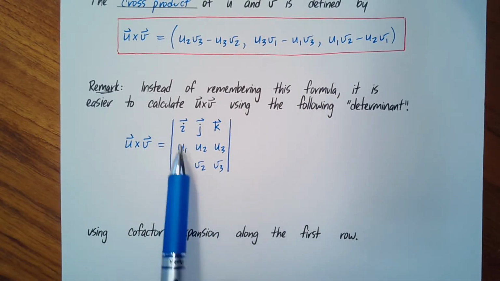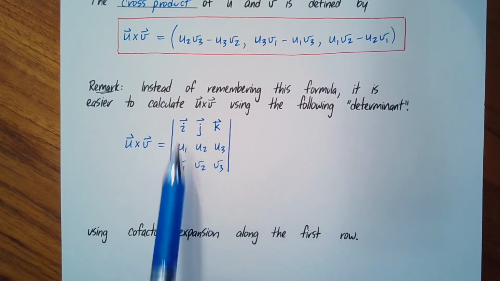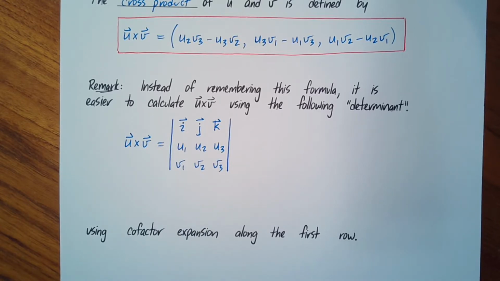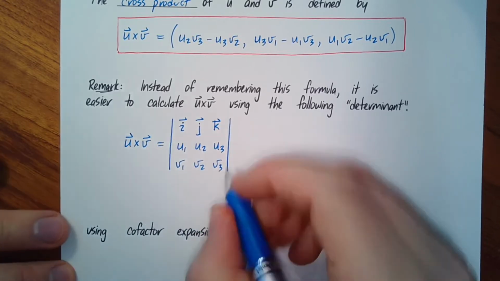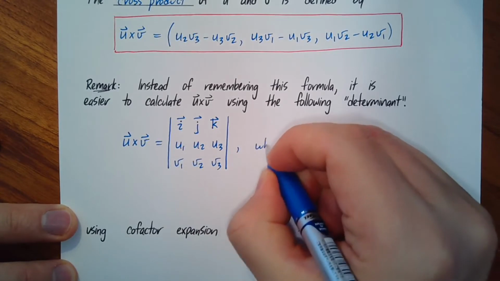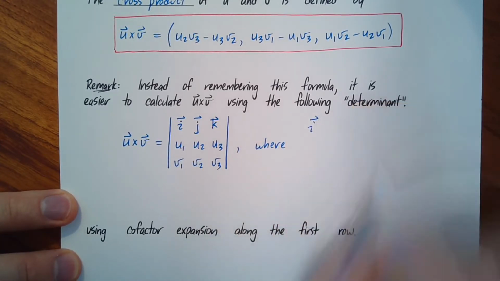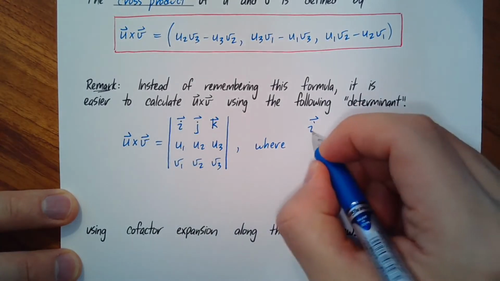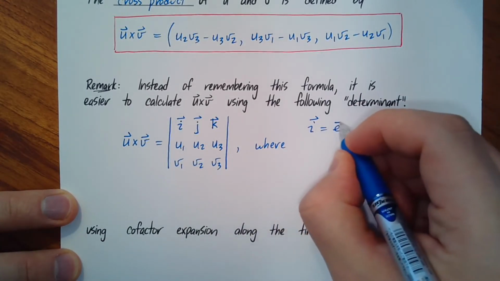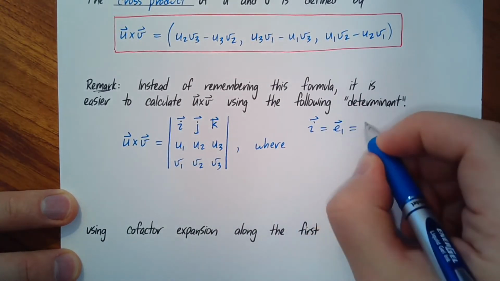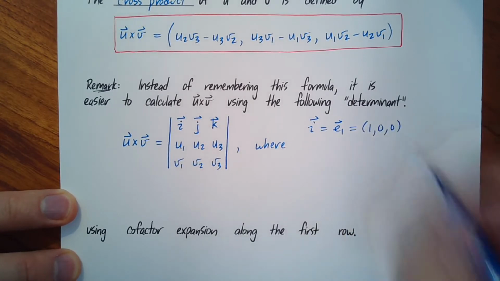But the question remains, what are these vectors up here? Well, these are just nicknames for the standard basis vectors in R3. So let's add that in now. I'll formally say what those are, where i, the vector i, is just the standard basis vector e1 in R3. So it's just the vector 1, 0, 0.